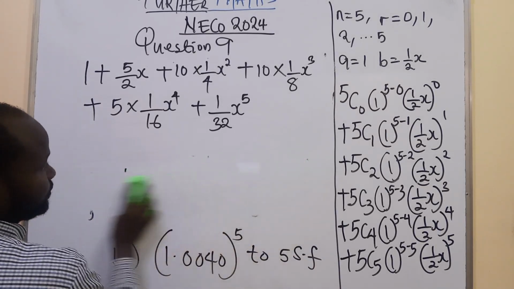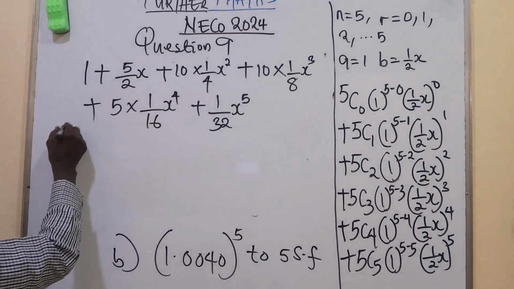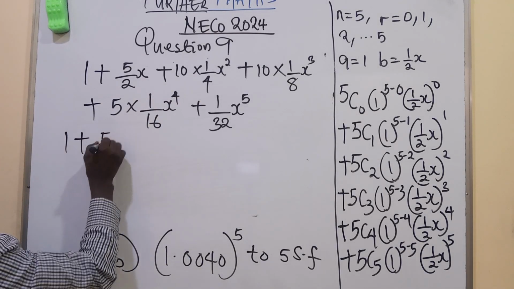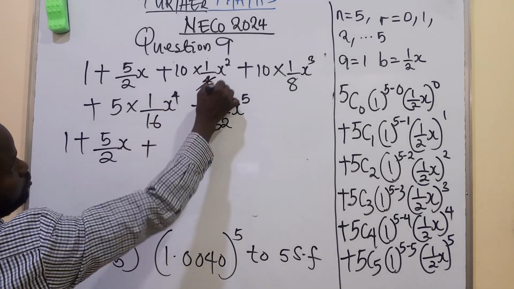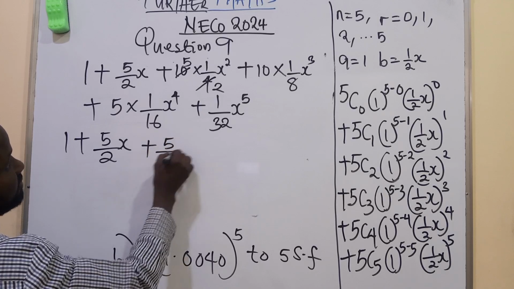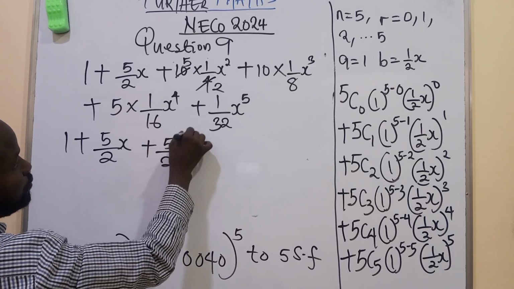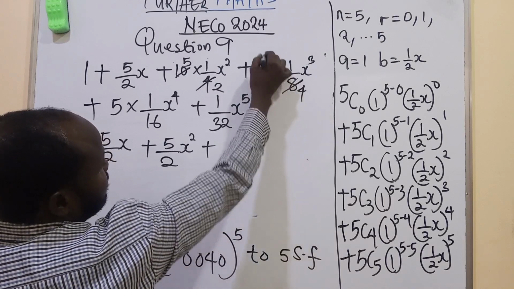Okay, so the next thing to do is to simplify this. So I'll have 1 plus 5 divided by 2 times x, plus 2 here, 2 here, 5. That will be 5 divided by 2x squared, plus 2 here, 4, 2 here, 5.